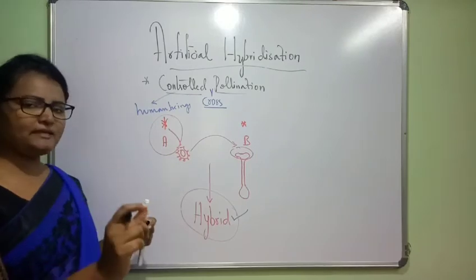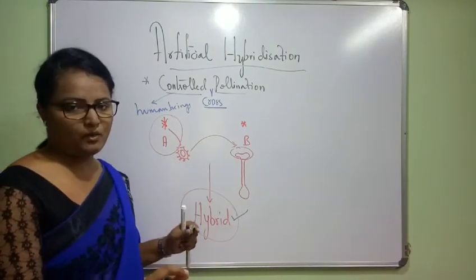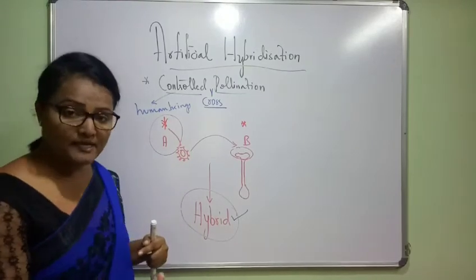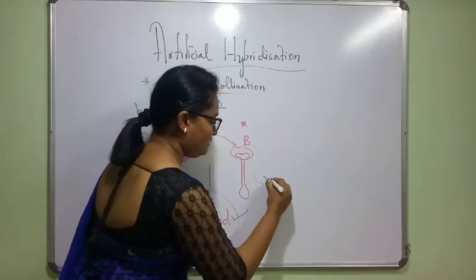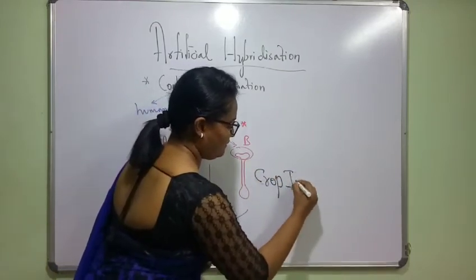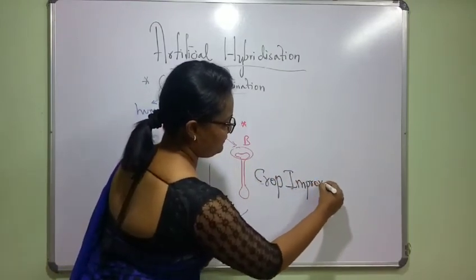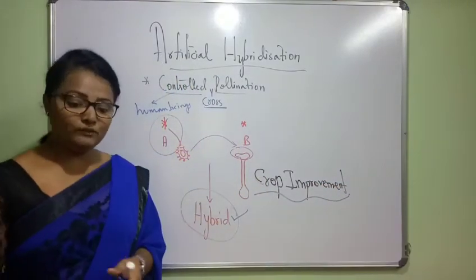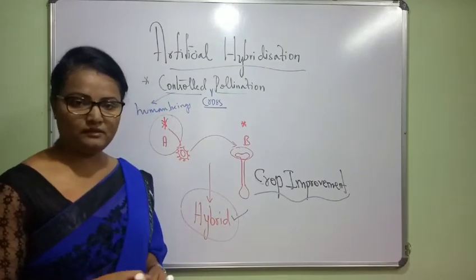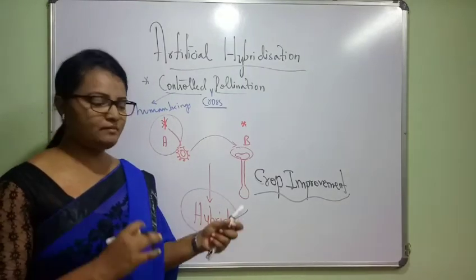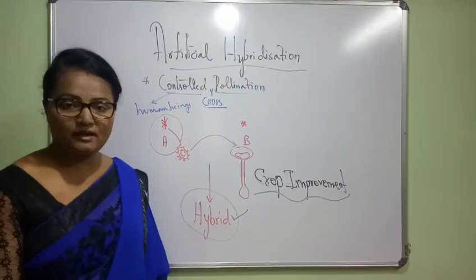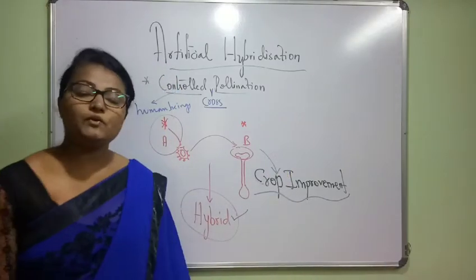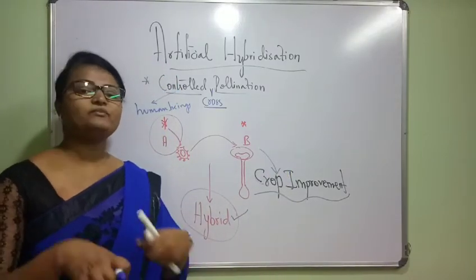The only advantage of performing artificial hybridization is to improve the crops, to form varieties.